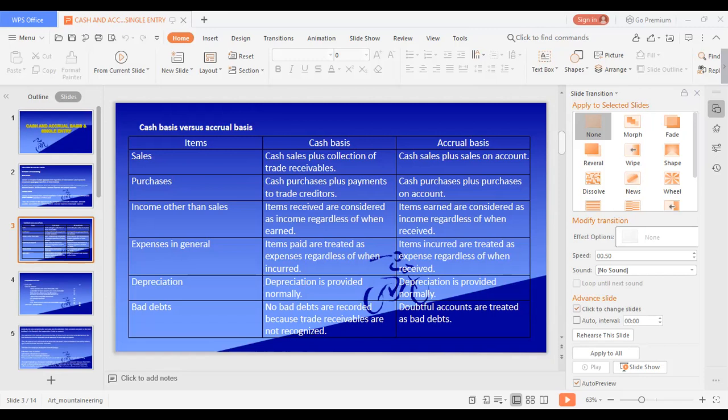We will prepare the income statement and the statement of financial position. So for the second requirement of the problem, an income statement for the year ended December 31, 2020, we now debit sales.